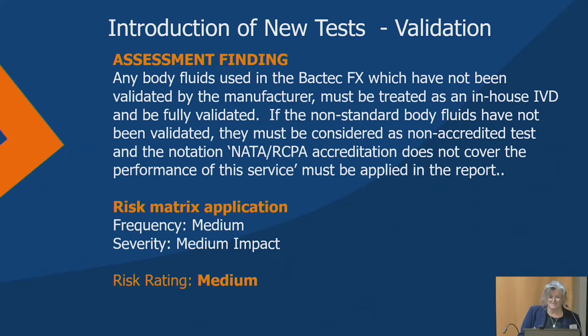Validation. Recently, it's not so much now, but this was when non-validated body fluid samples were used. It was a different type of body fluid, which had not been validated by the manufacturer. So it becomes an in-house IVD, and it has to be fully validated by the laboratory.